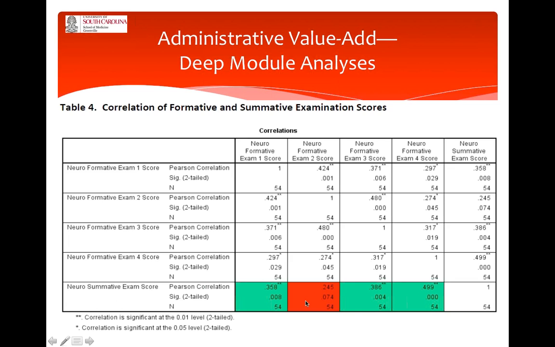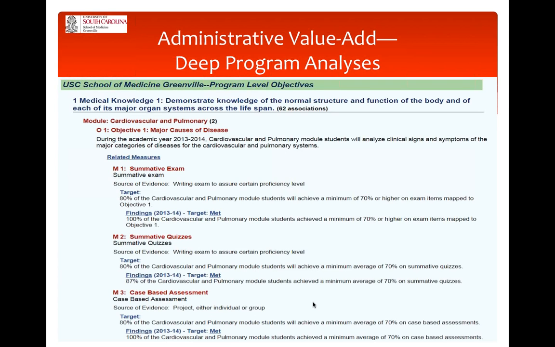So for this one particular module, we found that in week 2, that week's formative exam was not correlated, so we asked the module to take a look at both their content and their assessments, formative and summative, to improve in that particular week. So again, that's an important administrative value for us.